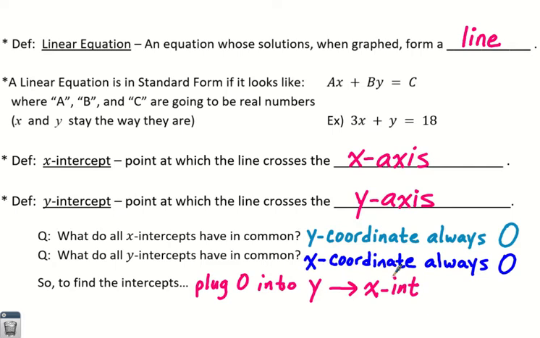So you would plug 0 in for y and then solve for x, and that would be your x-intercept.